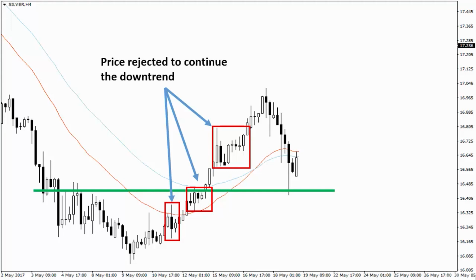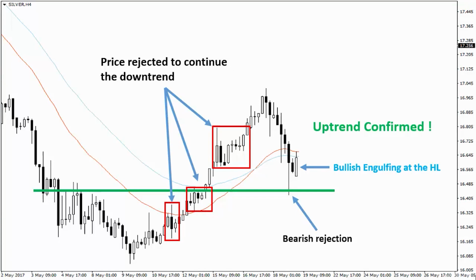And by the time price got a pullback to continue the downtrend again, the buyers came back strongly where the previous top worked here as the support, and hence the formation of a bullish engulfing candlestick pattern at that support level indicates that the bearish momentum is over and the market is now under control of the buyers. So that's basically the indication of the end of the downtrend and the beginning of a new uptrend.